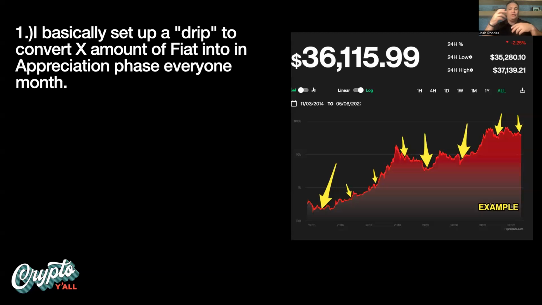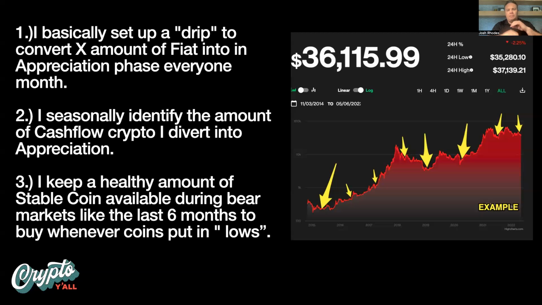I'm literally just fueling my positions, and effectively I'm dollar cost averaging. And then lastly, I keep a healthy amount of stable coin available during bear markets, like the last 6 months at the time of this recording, to buy whenever coins put in new lows.